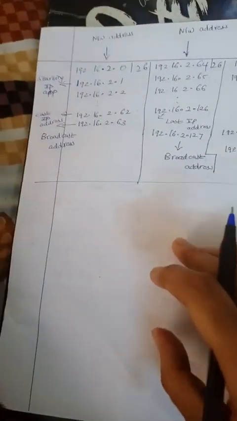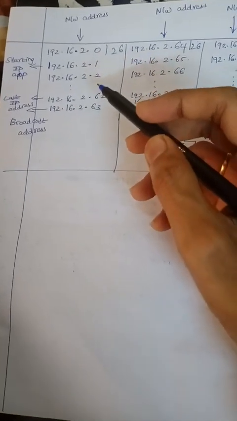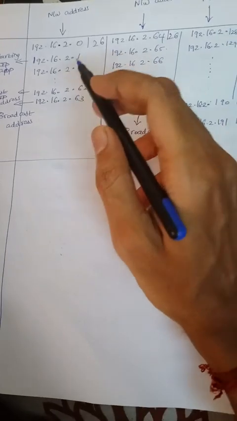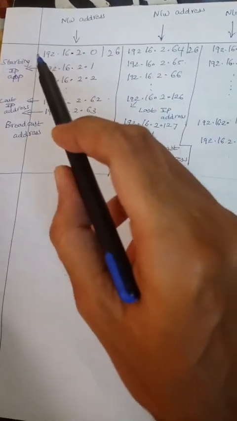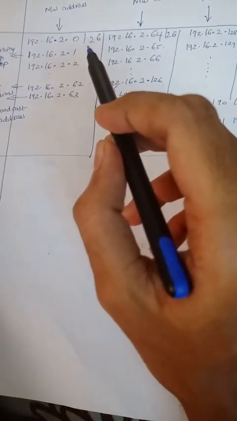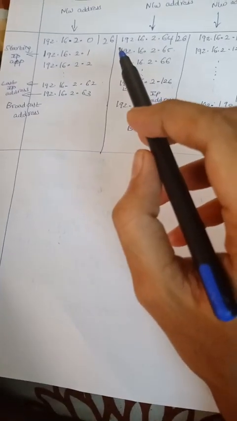So I already mentioned I have to calculate the network address, first address, last address for every block. That means for every subnet I have to create an individual block. So for this block this will be the network address. I have to divide the block into 64: 0, 64, 128 and 192, and its CIDR is 26.